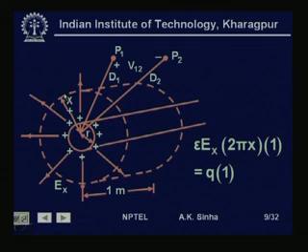Now, since the electric field lines will be radial to this surface of this concentric cylinder, therefore, there will be no tangential component of the electric field. Now, we can find out with this what is the field strength at the surface of this concentric cylinder.